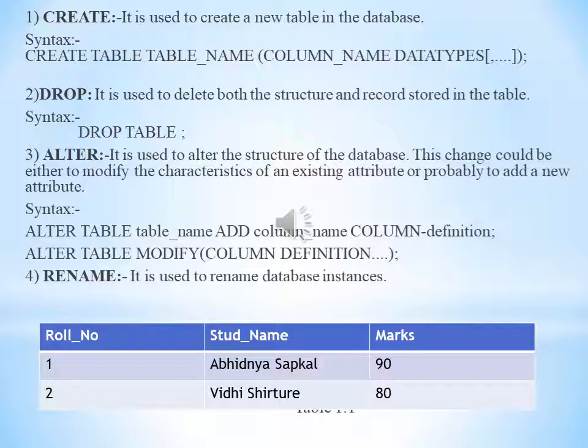Roll number, student name and marks are the column names, with numerical and alphabetical data types, and then alter table modify. If you have to add or modify, you can use the syntax of this alter.